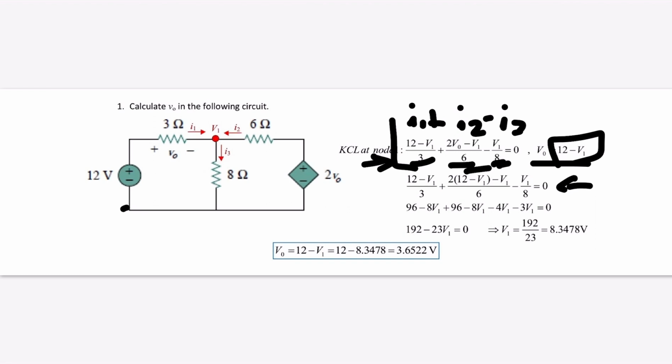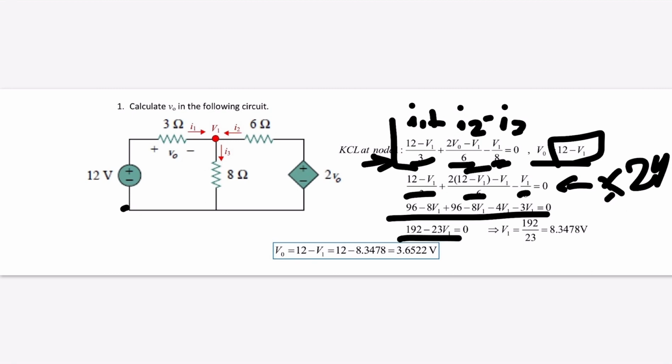We multiply by 24, which is a common multiple of 3, 6, and 8, and the denominators cancel. We then have an equation with one unknown, and it concludes that V1 is equal to that much.